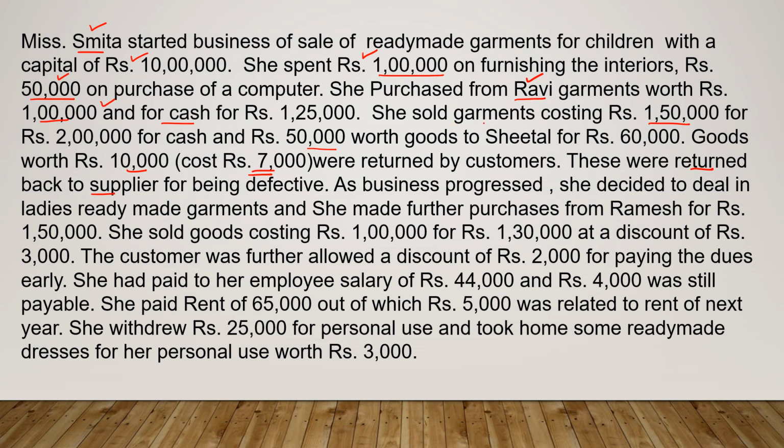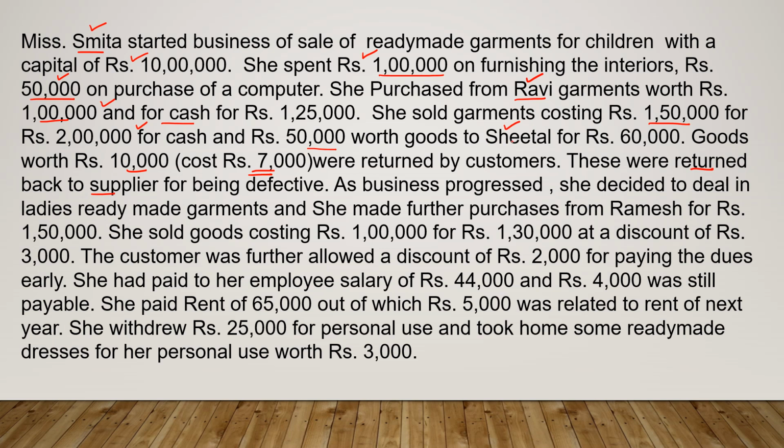Then we learned about the term sales, where she sold goods to her customers, and we also learned there could be two types of sales, cash sales and credit sales. That is the sales where immediately cash was received and credit sale where money is going to be received at a later date after the credit period.